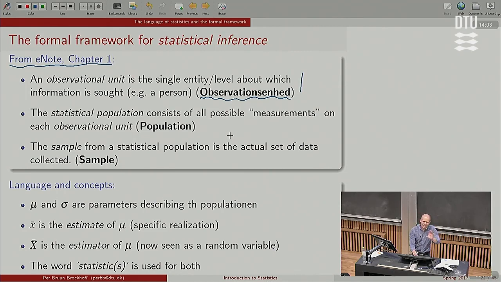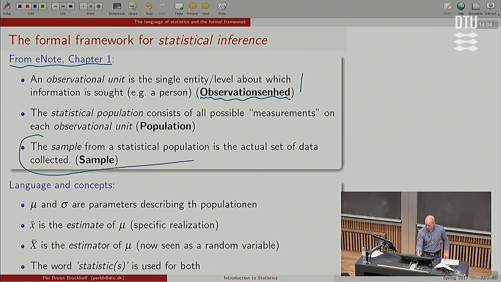It can have a slightly different meaning than when you use it as an everyday word. Everyday word you talk about usually population of people or animals or whatever. What kind of population, if we should be very formal about it, is actually the infinite collection of the numbers related to the units. So it's actually all the heights of the people. That is the statistical population, if you want to be strict about it.